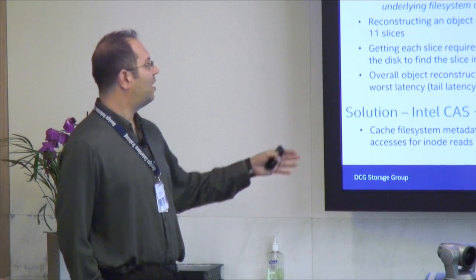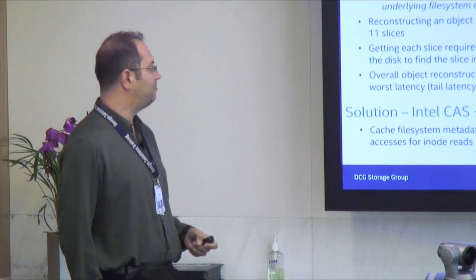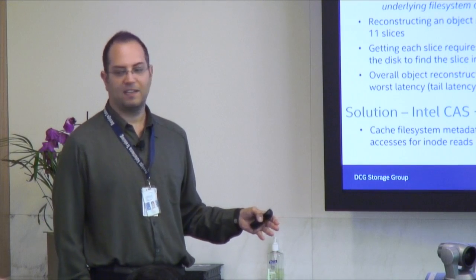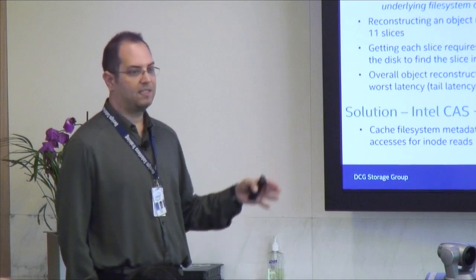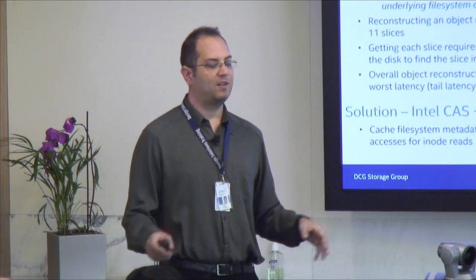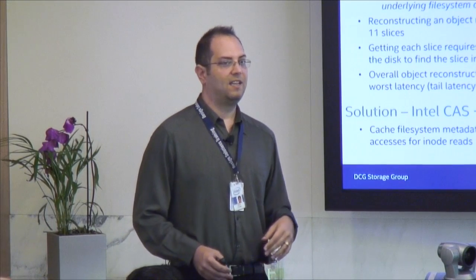All right, so overall object reconstruction latency is dependent on the worst latency of any one of those slices. So that's the tail latency problem. So if I'm going to read from the hard drive, I have to read 6 inodes plus this data slice.